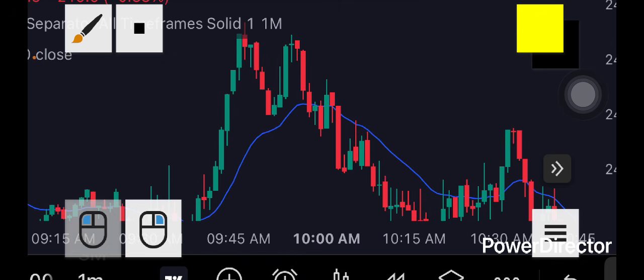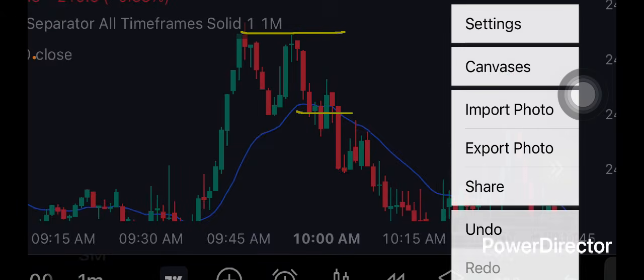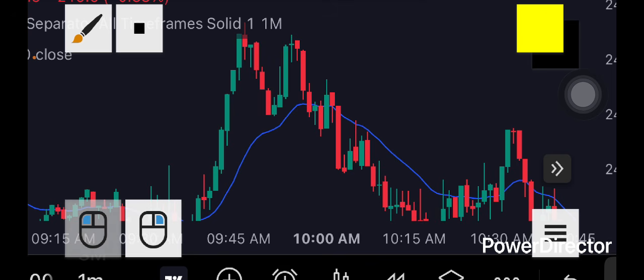Okay, so my entry would have been here. My stop loss would have went at the high of the day because again, it should not come back to that level. All right. Not every trade is going to be a 1-bar stop, especially if you're trading on the 1-minute time frame. Okay. So that's the entry pattern that we're looking for on a 1-minute time frame.